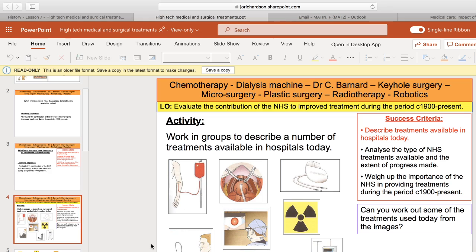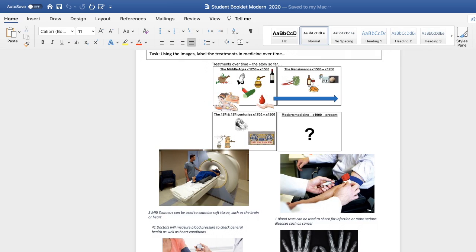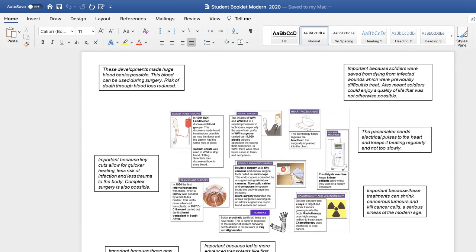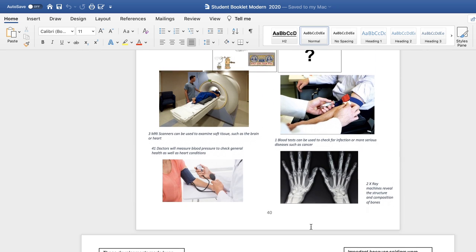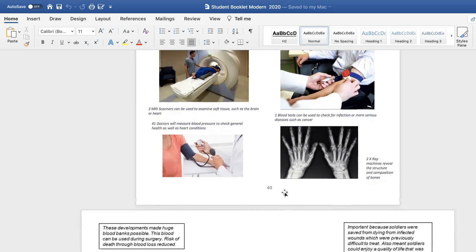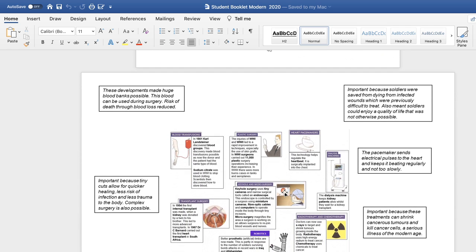Now, once you have finished that, let me just get it back up. What you have over here is treatments. So obviously you would have written down what you think, but then here are some actual treatments that are available.